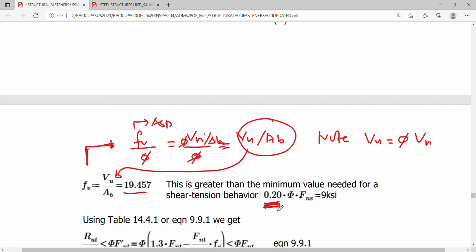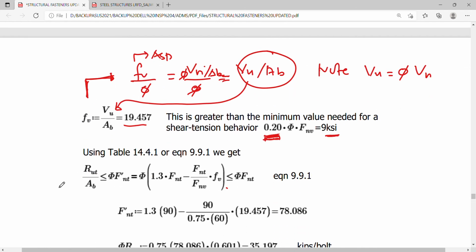So this is 9 KSI, and this is 19.47. Beyond the limit, so you are assured of a shear behavior in this regard.